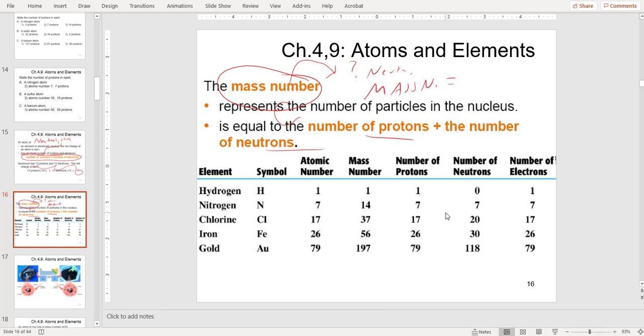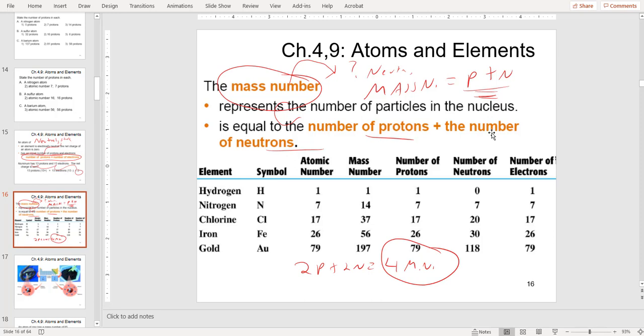So mass number equals the protons plus the neutrons. You have to add those together, and that equals the mass number. So for example, if I have an element that has 2 protons and 2 neutrons, it's going to have a mass number of 4.